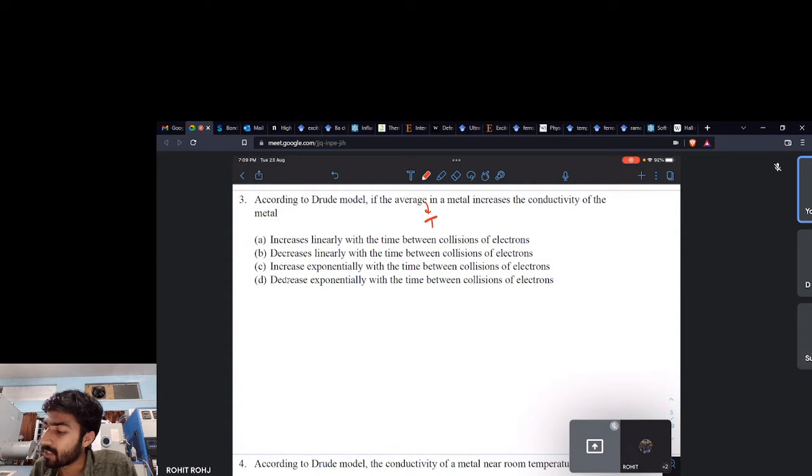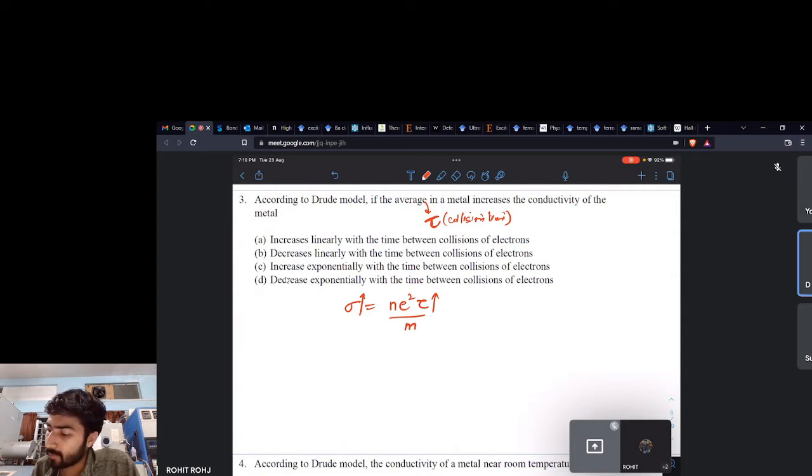This is not temperature, this is tau, the collision time. So if the average collision time in a metal increases, the conductivity of the metal increases linearly or decreases? As we know, conductivity varies linearly with tau, so as tau increases, conductivity also increases linearly.